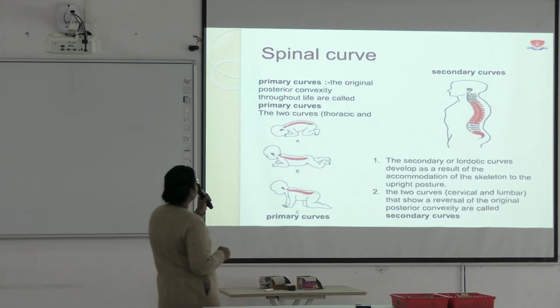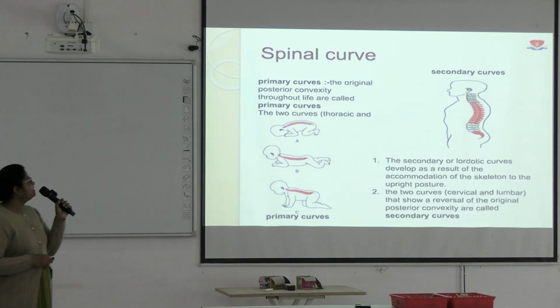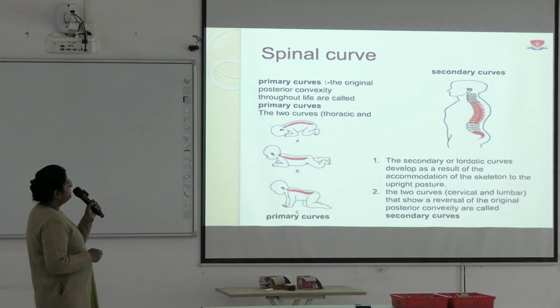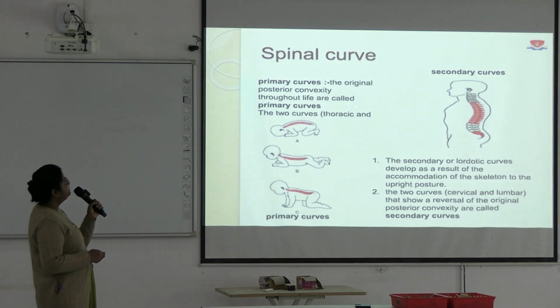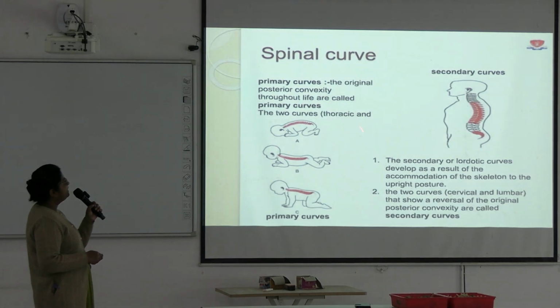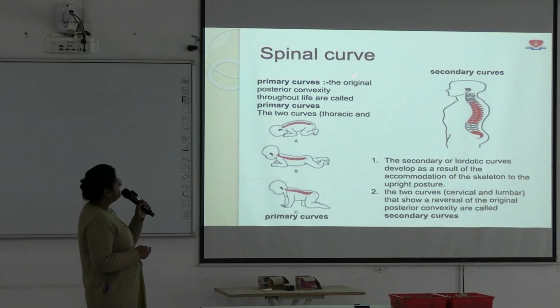Next, what are the curvatures? Curvatures of the spinal column. The original posterior convexity throughout life is called the primary curvature. The two curvatures developing later on are known as the secondary curvatures.